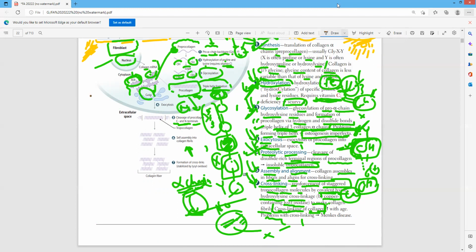There is a measurement here in the lab. This is called the hydroxyproline assay, and this is for collagen quantification. You will find hydroxylation almost only in collagen, so you can quantify the collagen by this assay.